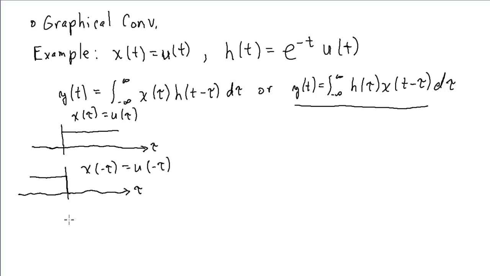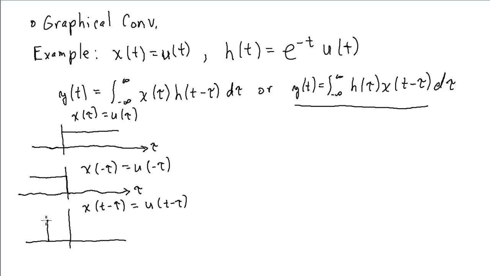And then finally, I want to sketch x of t minus tau, and that would be equal to u of t minus tau. That's a shifted version of the time reverse function where the origin is shifted to t.